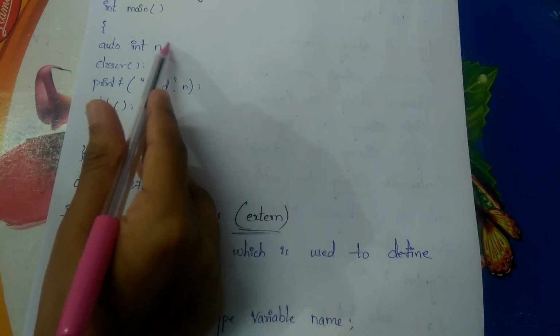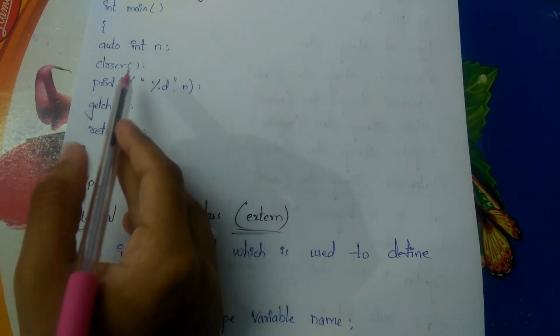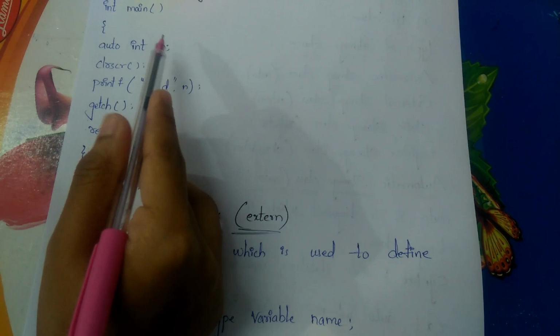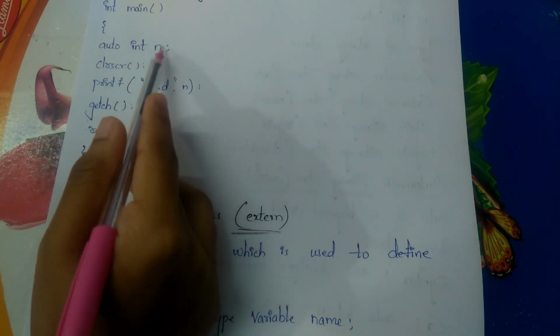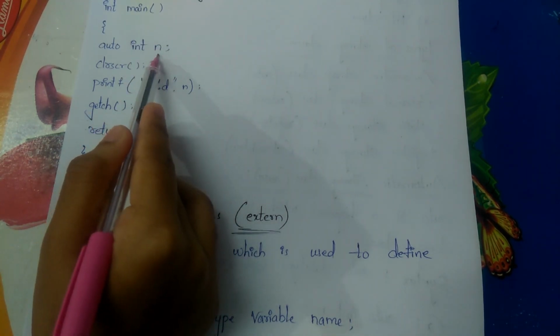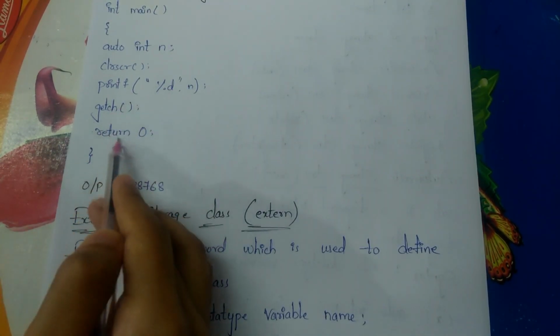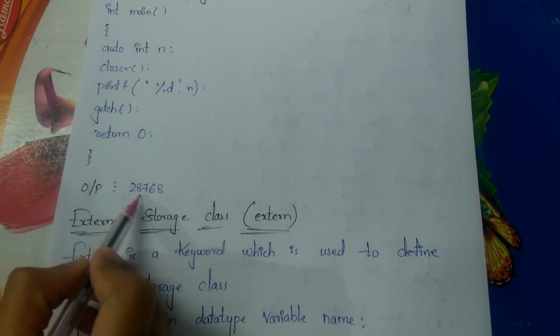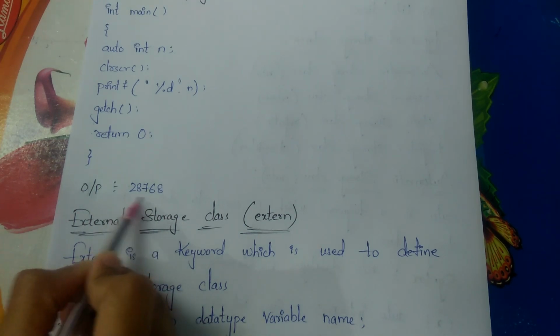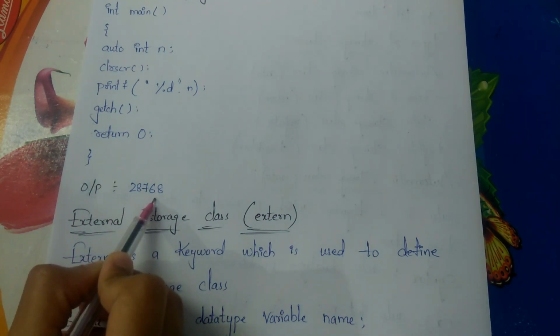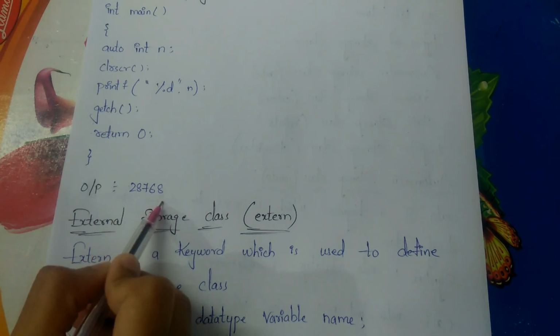Here I am not initializing n; I am just declaring it as an integer, but I am not giving any value to the variable n, yet I want to print it. Then getch, return 0. In the output you will get some value. This value is called the garbage value. By default it returns the garbage value.